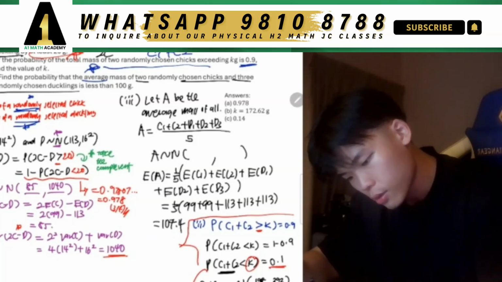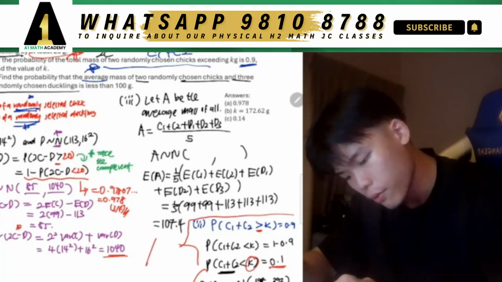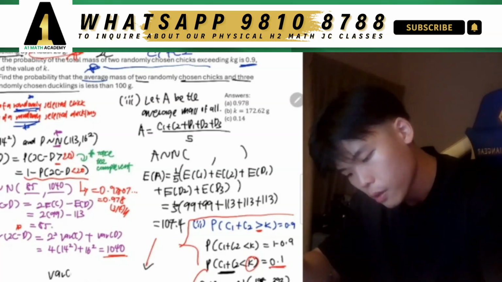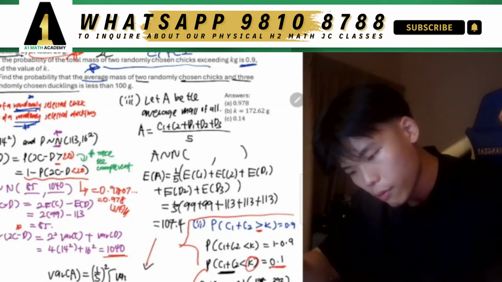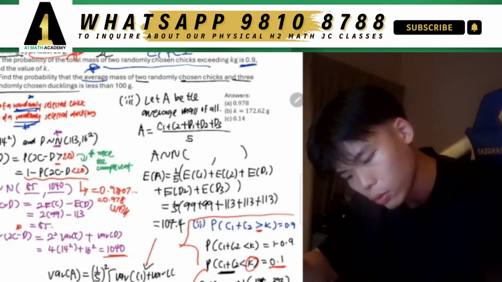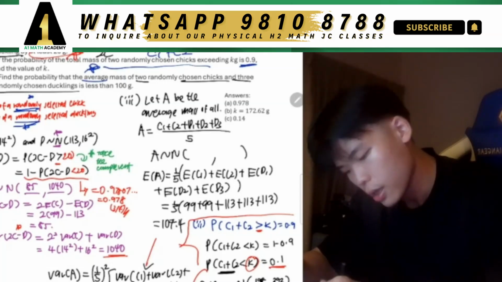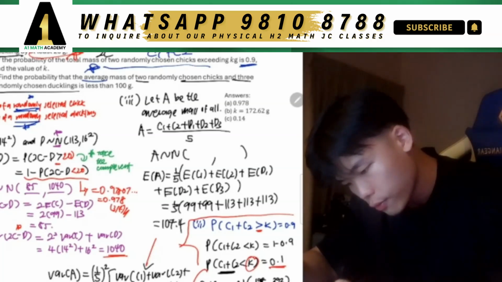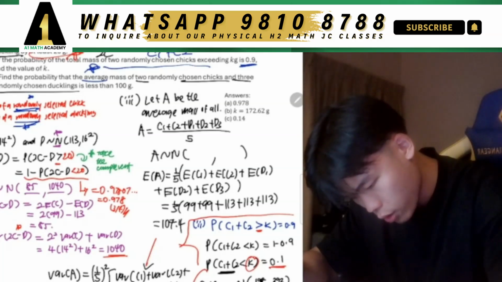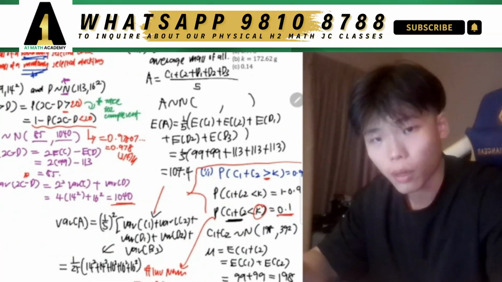Then again, what I need to do now is to find the variance, right? Because now I know the expectation, now I find the variance. So the variance of A would be 1 over 5 squared times the variance of C1, variance of C2, variance of D1, variance of D2, variance of D3. So in the end, I will get 1 over 25 times 14 squared plus 14 squared plus 16 squared plus 16 squared plus 16 squared.